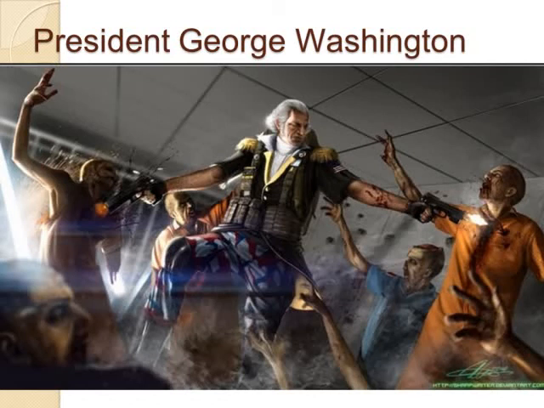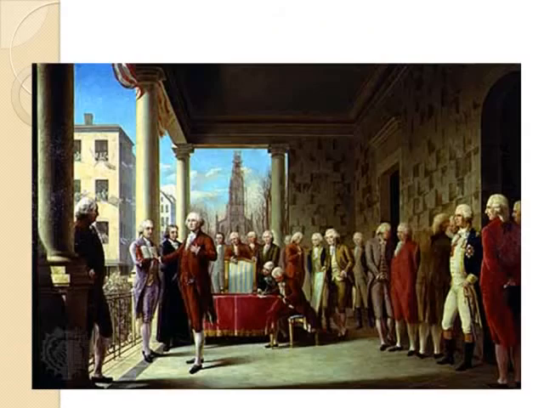So first off, George Washington. You guys might remember this part of the lecture from years past. Here he is fighting British zombies at the Battle of Saratoga. In any case, George Washington is inaugurated as President of the United States. And as you may notice, most of the people at this inauguration are wealthy, elite.